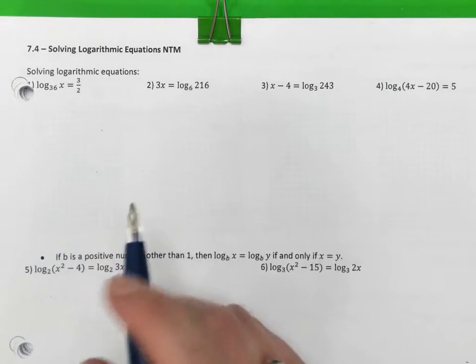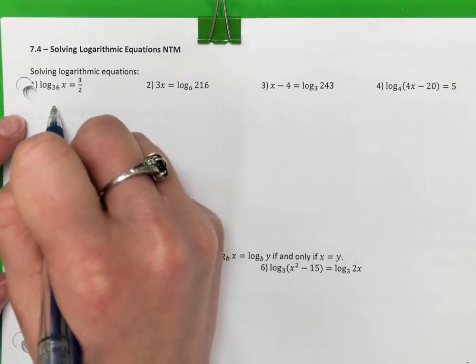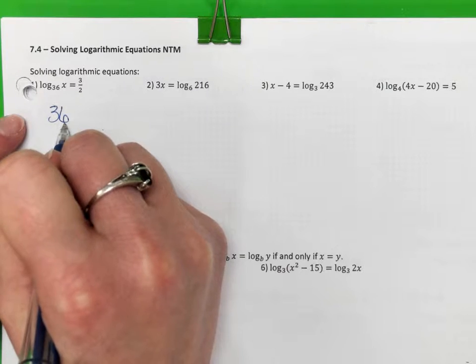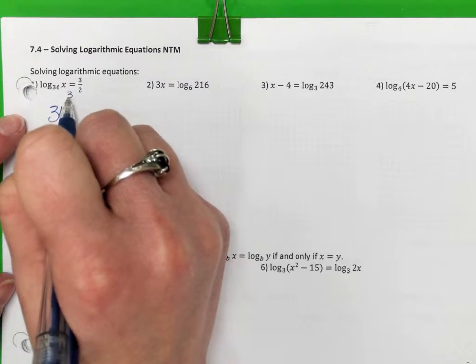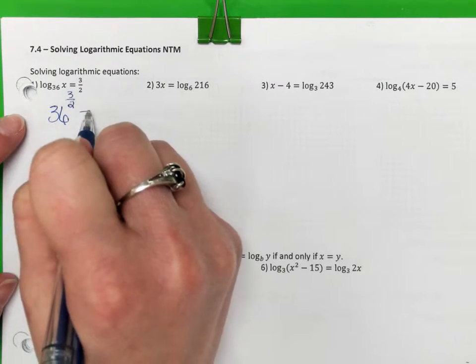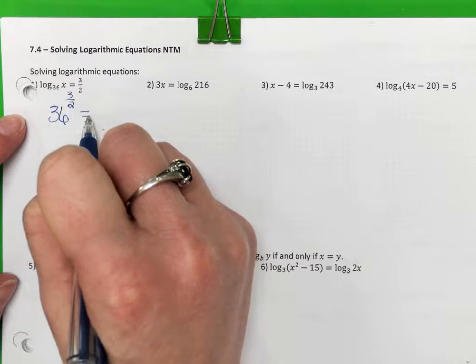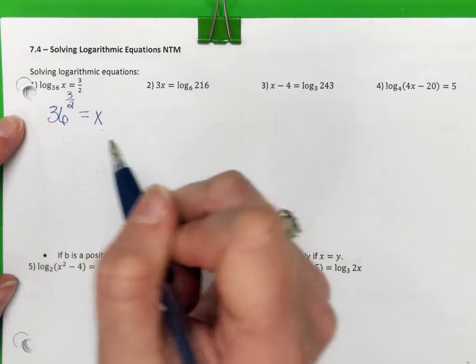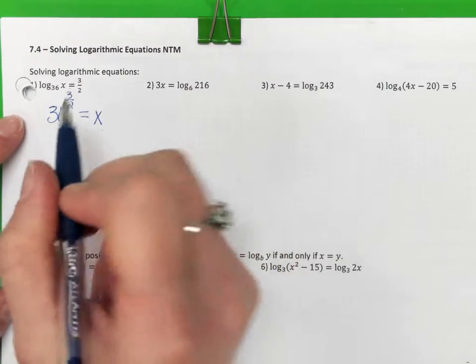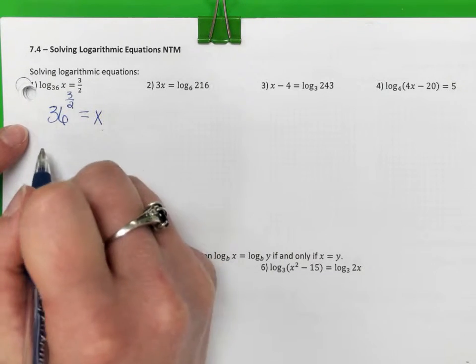So how do I rewrite this? What's my base? 36. What's my power? 3 over 2, 3 halves. Very good. And what's it equal? X. Now all I have to do is rewrite that. So how do I rewrite 36 to the 3 halves?